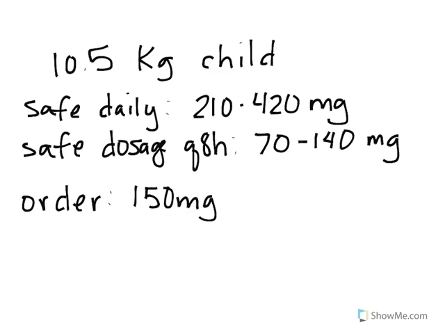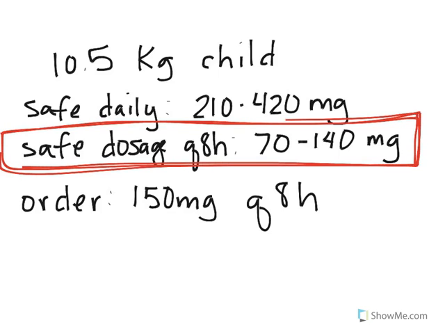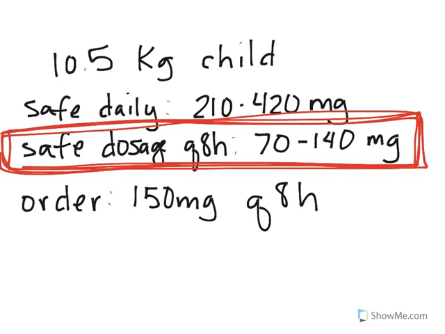150 milligrams every 8 hours. When we look at the order compared to our safety dosage, we see that the order is too high. It does not fall inside the range of our every 8 hours safety dose.